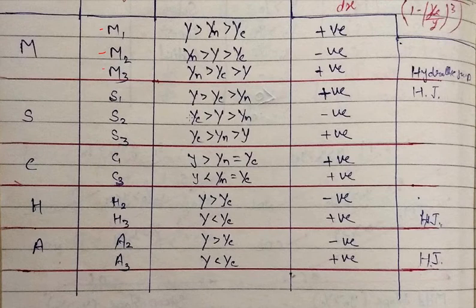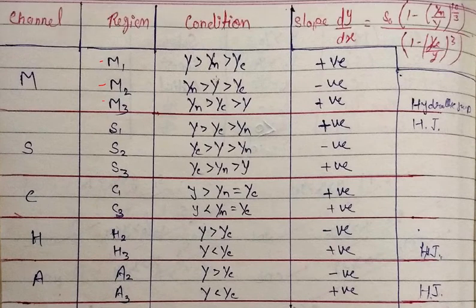So first, if the slope of the energy line is greater than that of the bed slope, that means SF is greater than SO, that means Y is less than YN, that means the depth of flow is below the normal depth of flow.